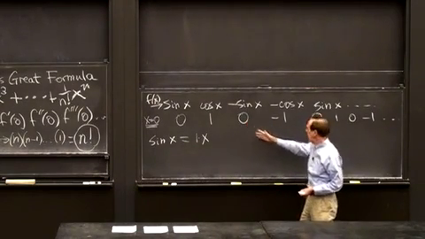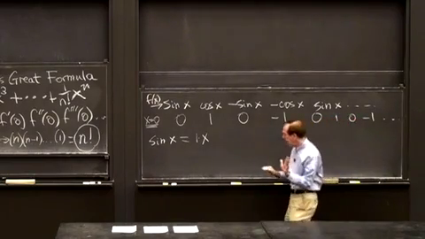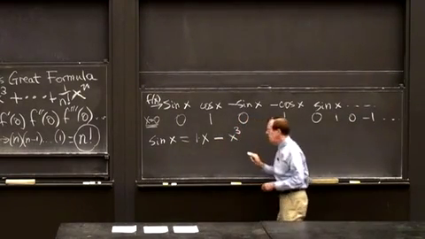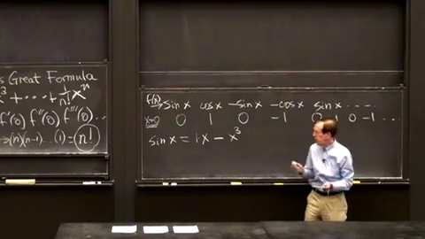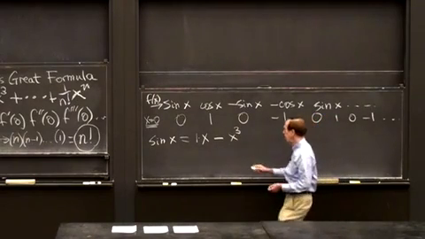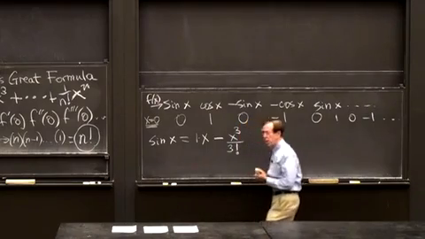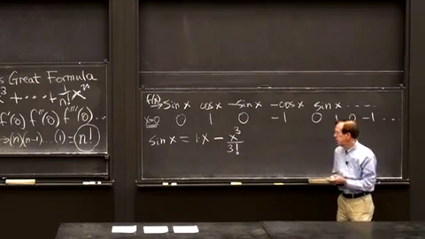No x squareds. But now do I have minus 1x cubes? Not quite. Minus x cubed, but I have to divide by 6 because when I take 3 derivatives, it'll produce 6. So I have to divide by 6, which is 3 factorial. That's really the number that's there. 3 times 2 times 1, 6.